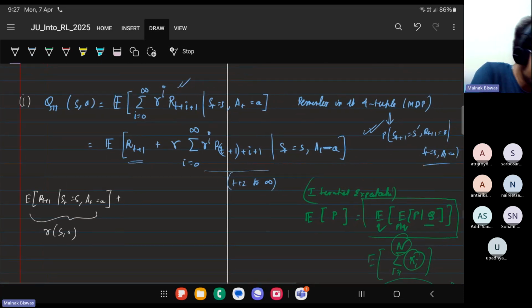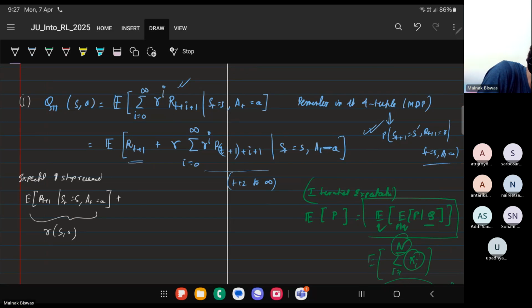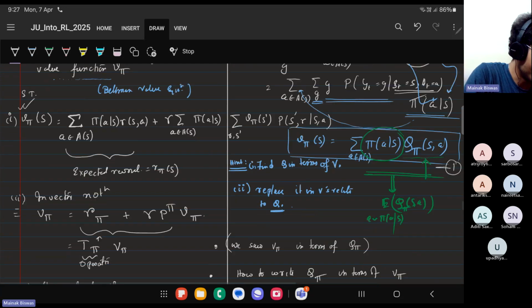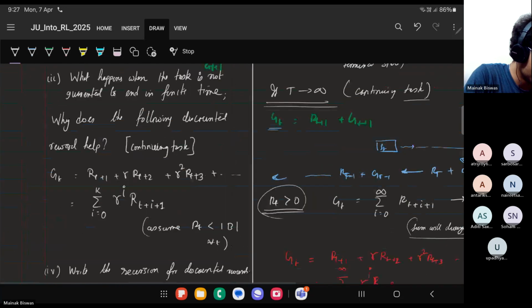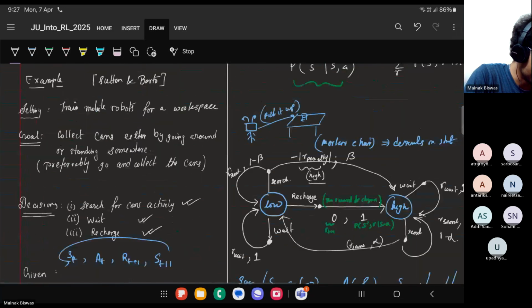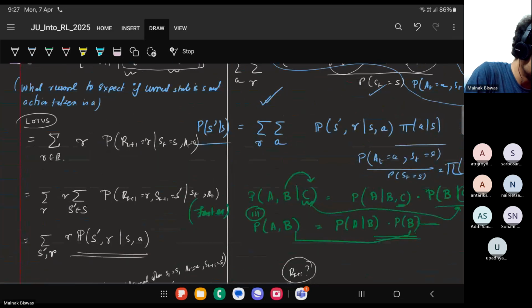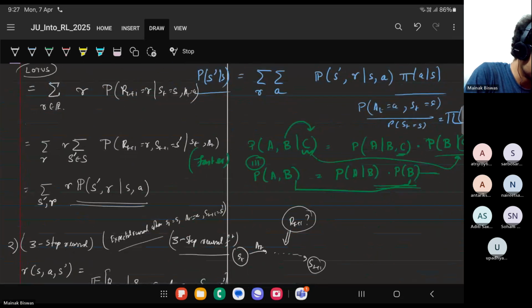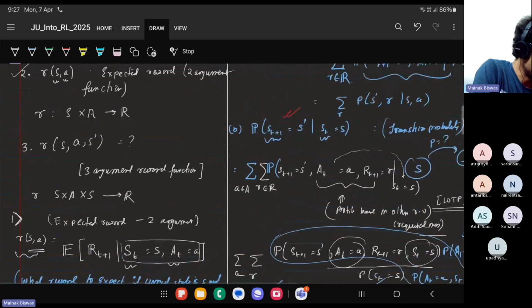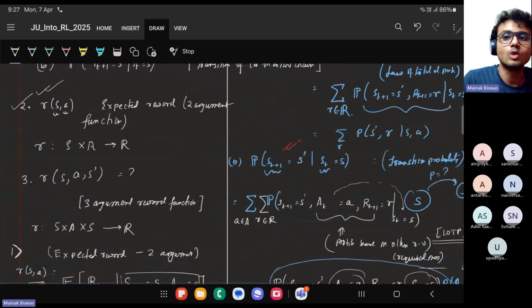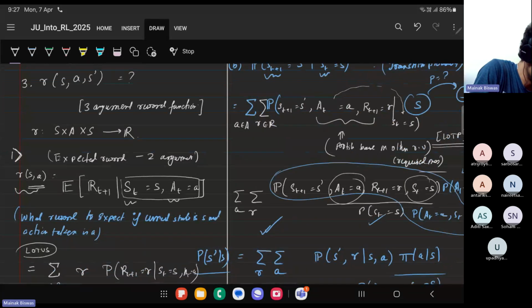The expected one step reward, right? If you're not recalling, there you go. Isn't it? This is the function, the expected one step reward, the two argument reward. See the definition?